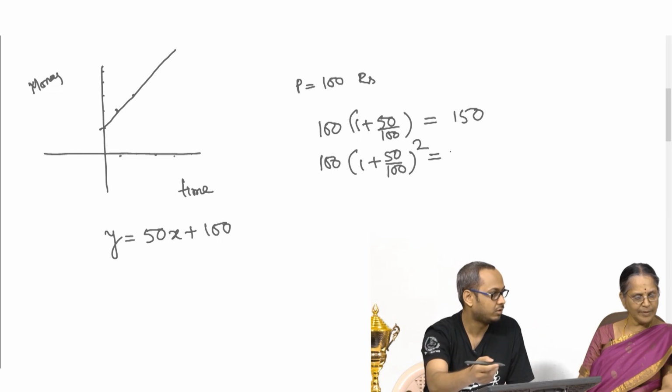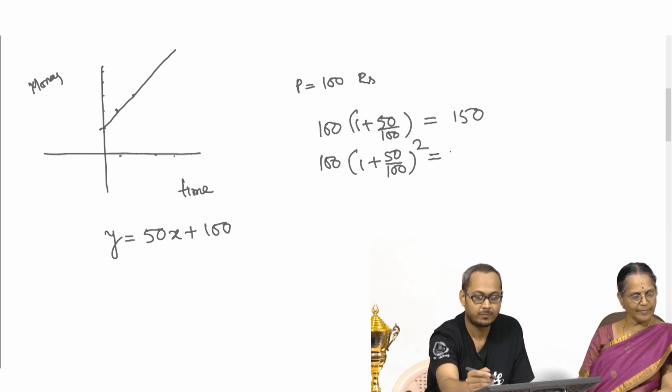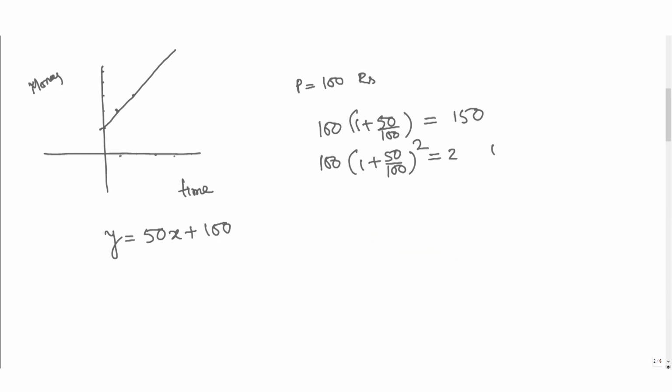Just calculate it, what it is. It is 225. Similarly, after 3 years, it should be 100 into 1 plus 50 by 100 power 3. So, it comes out to be 337 rupees 50 paise.